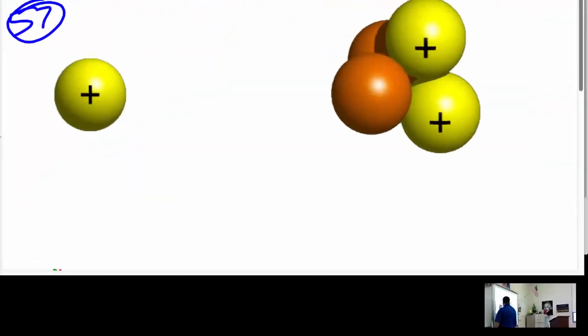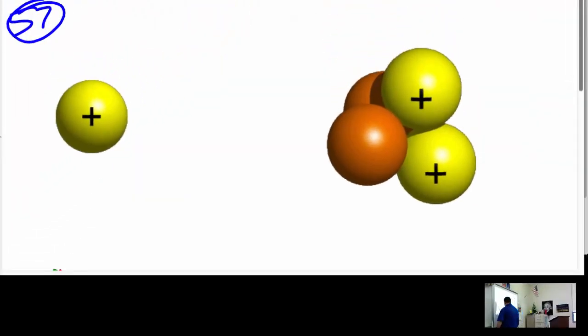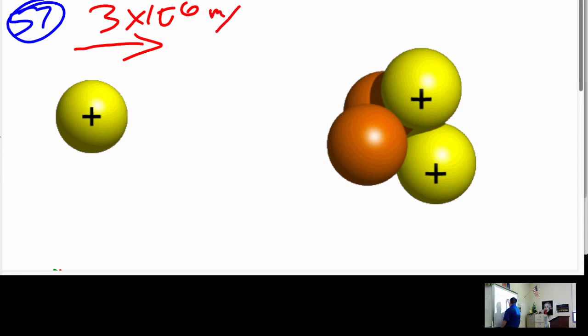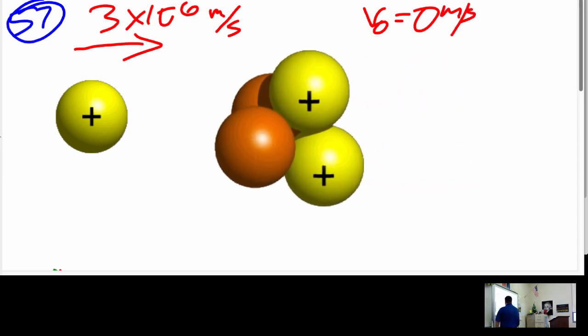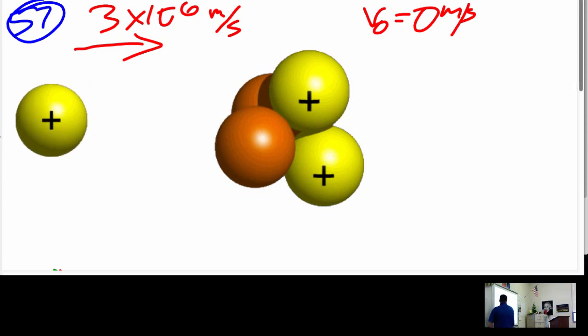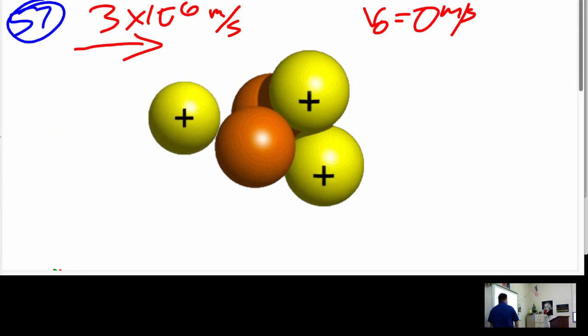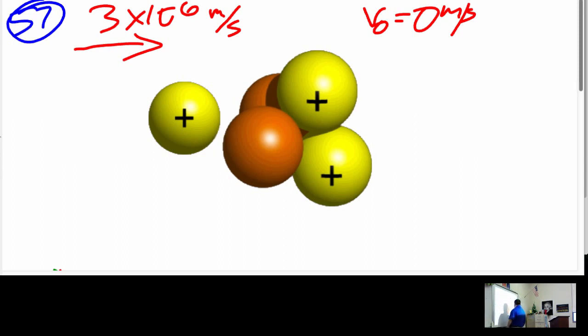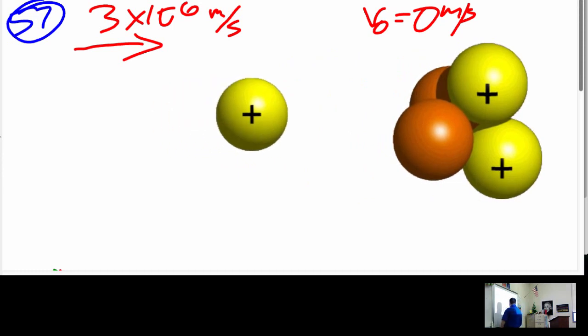What I learned is if I have this proton here and this alpha particle, and if this proton approaches this way at 3 times 10 to the 6 meters per second, and this one here has an initial velocity of 0 meters per second, and I'm going to move it over here a little bit. If this thing's chugging along at 3 times 10 to the 6 and it hits this, and it's an elastic collision, head on, then this will move, and this will move, and which way does this one move though?